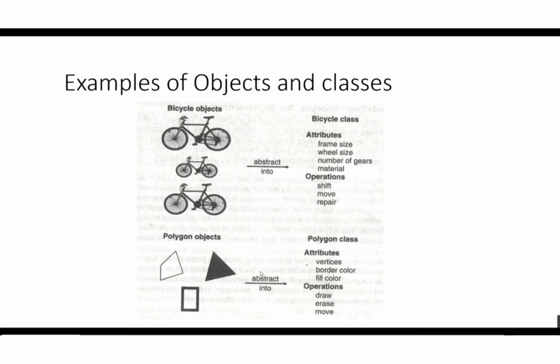But sometimes for the same groups of objects, if the software is different, the class may be different. Objects are sometimes real world objects, or conceptual, or objects in the computer system.